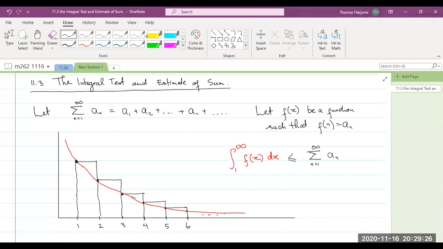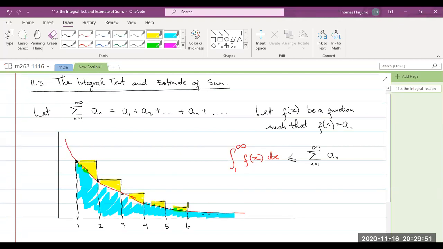You see the area under the curve, the red one, actually this part. Now the sum of the series, or each term, has extra here.